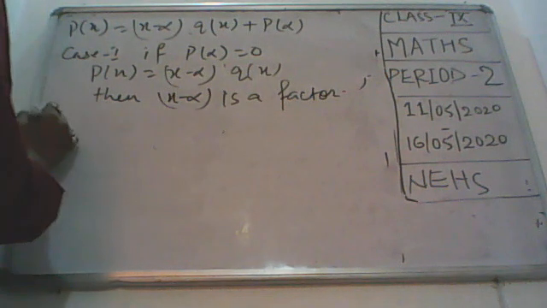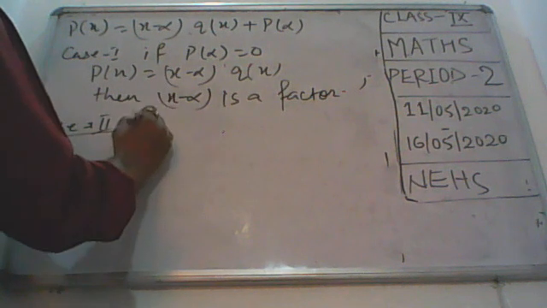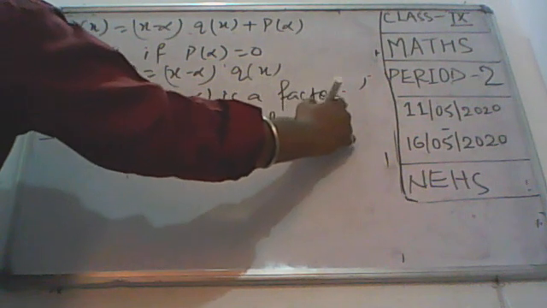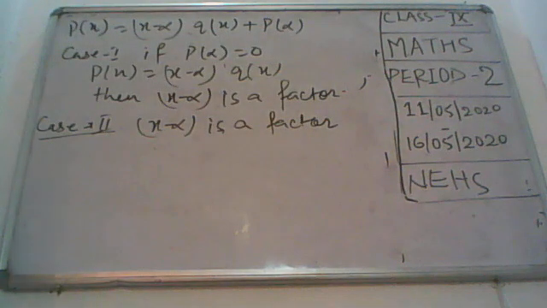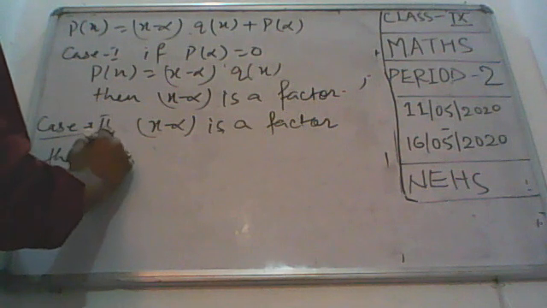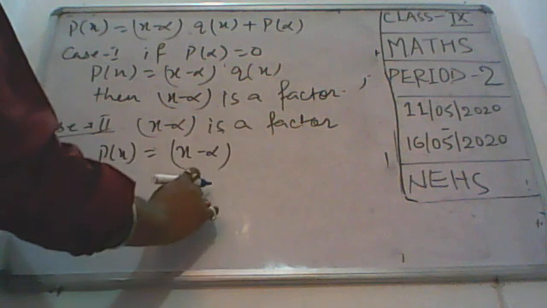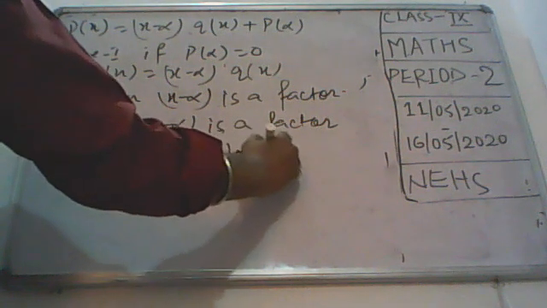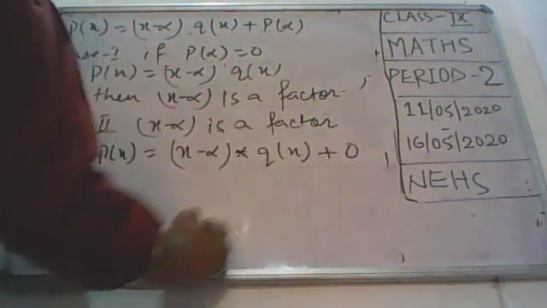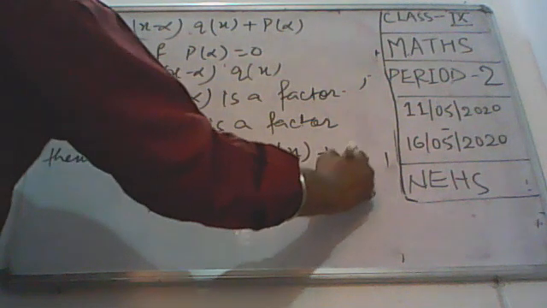Now the converse: suppose I say x minus alpha is a factor. Now you find the remainder. If x minus alpha is a factor, then p(x) is equal to (x minus alpha) into q(x) plus 0. Why? Because this is a factor, so the remainder is obviously 0.